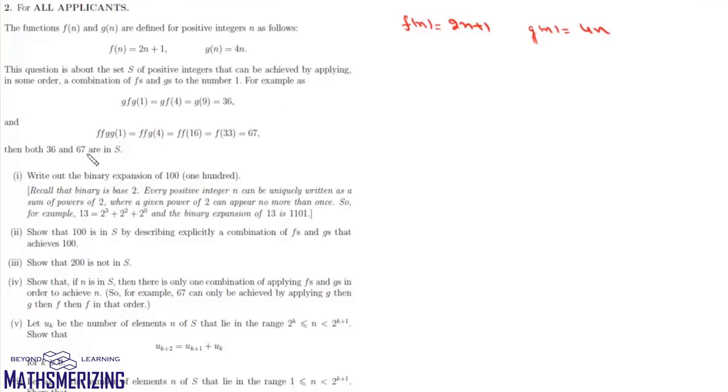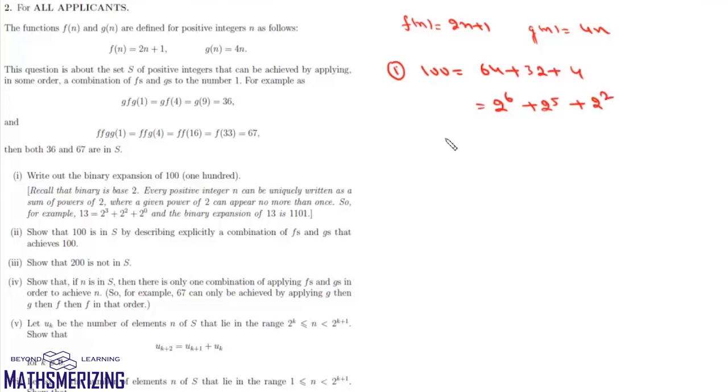Now the first question is, write the binary expansion of 100. Now we can write this 100 as 64 plus 32 plus 4. This is 2 to the power 6 plus 2 to the power 5 and then 2 square.